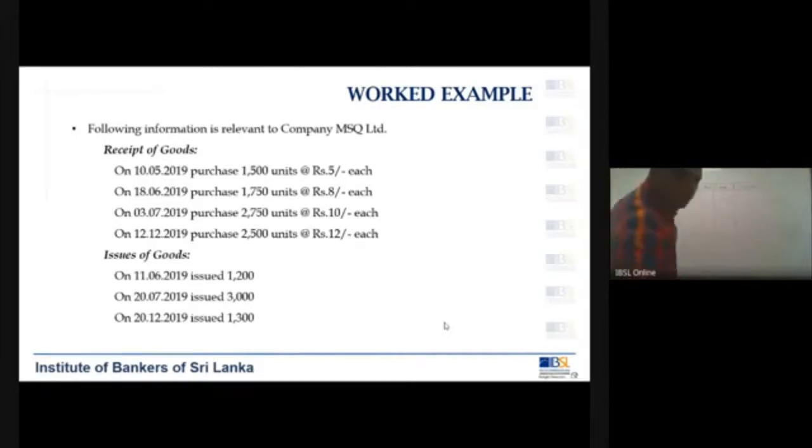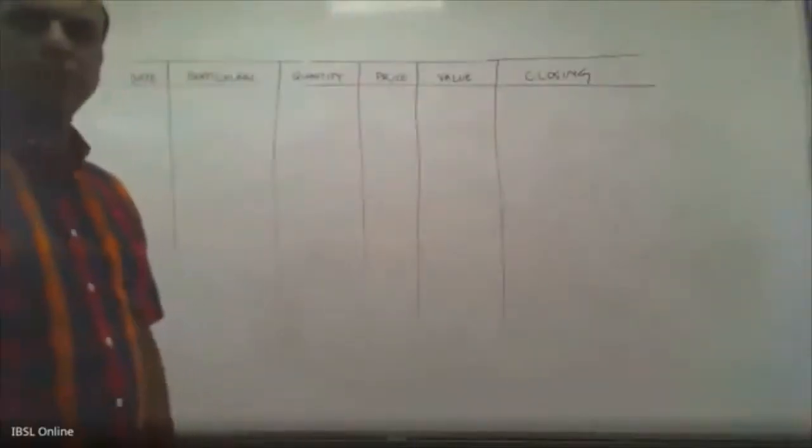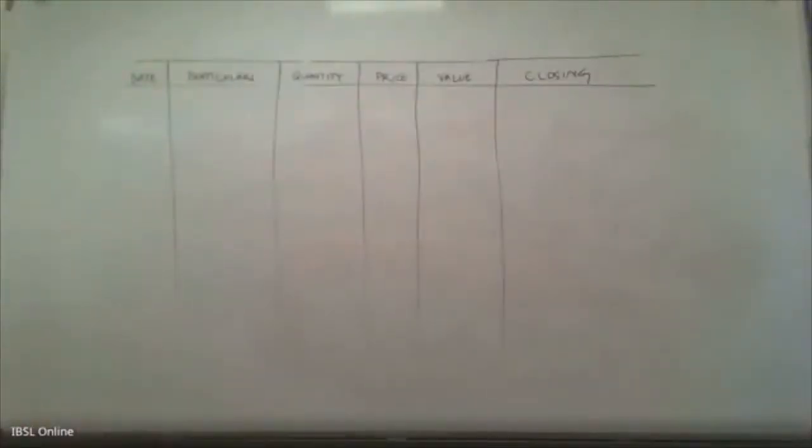Okay. So I don't know how many of you have started doing it, but let's look at it on the board. In order to do this question, you can do it in any form that you want, but we'll try to maintain a uniform format so that you can use the same for exams also.